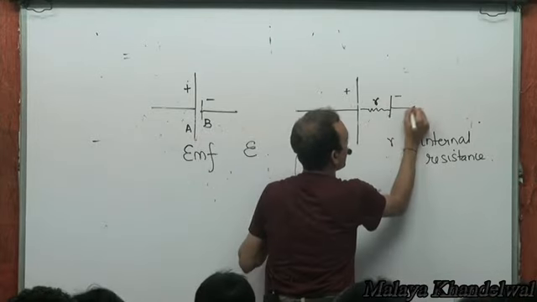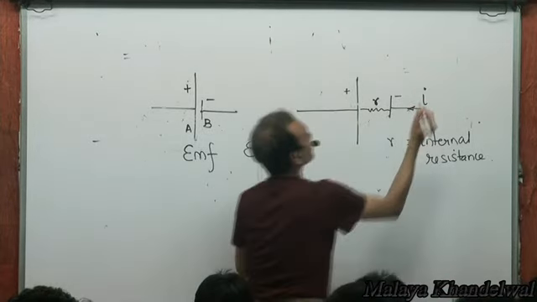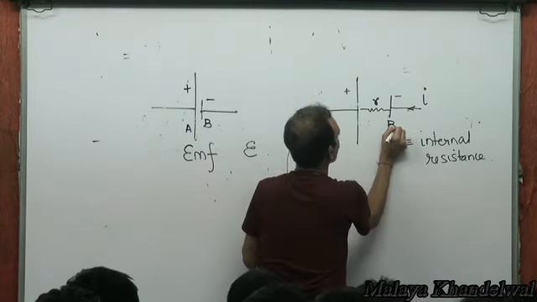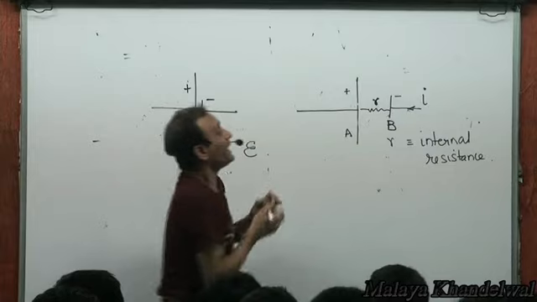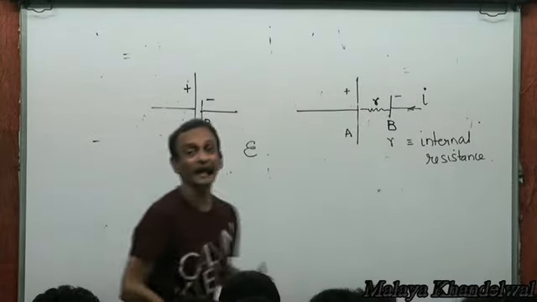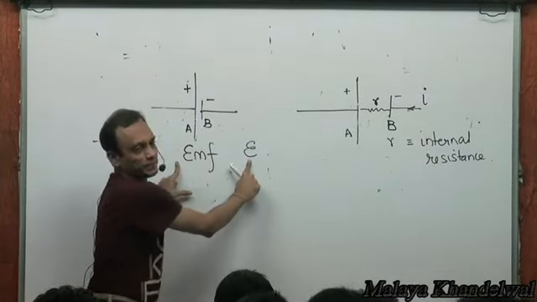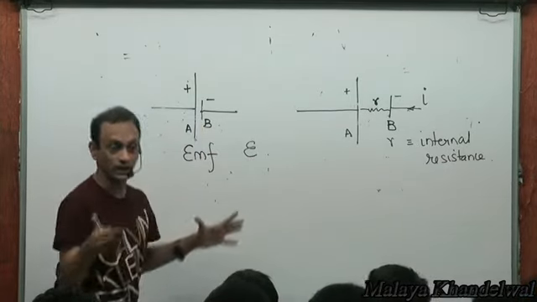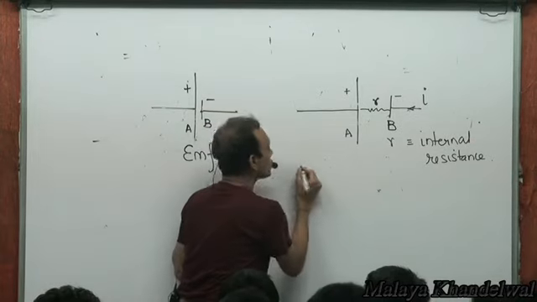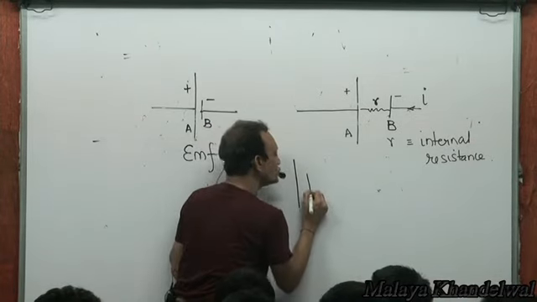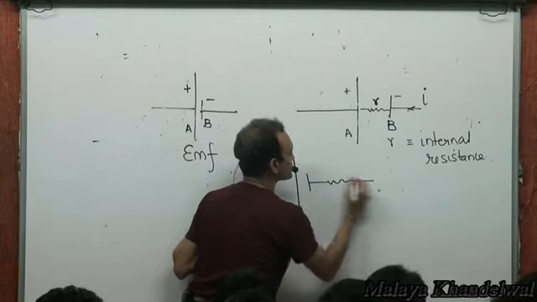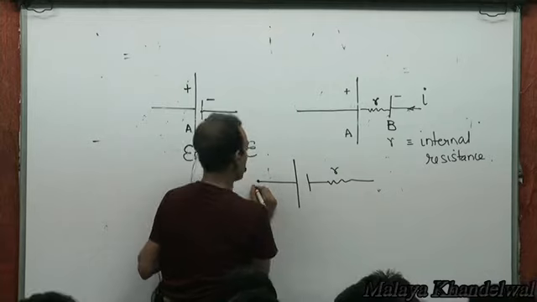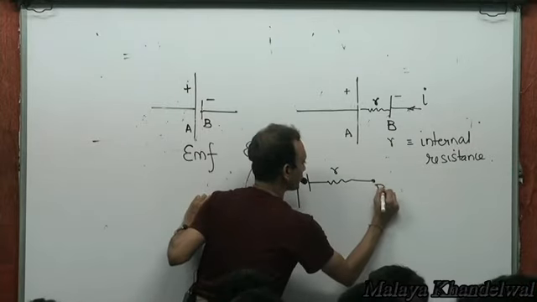But when there is a current I, then between A and B, the drop will no longer be epsa. If the current I is flowing like this, then across the terminals, this arrangement could be replaced by an arrangement of this kind, where A comes here and B goes there.